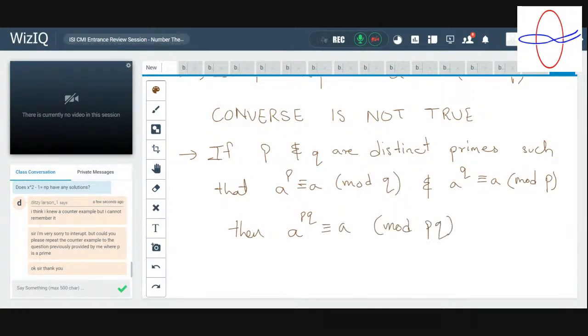Now pq is clearly not prime, so you see why this doesn't work in the converse. Fine.